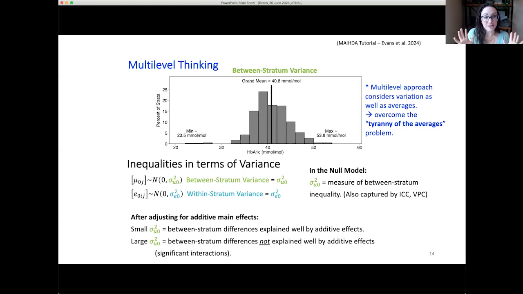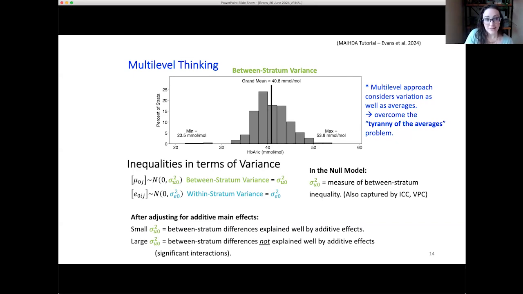If it was a perfectly additive world, where the gap between men and women among white respondents was the same as the men-woman gap for Black respondents, then I would see no variation between strata left over after I had explained the additive effects. So more typically, if I just have a very small variation, then that's going to give me how much of my between stratum inequalities were not particularly well explained by those additive effects.